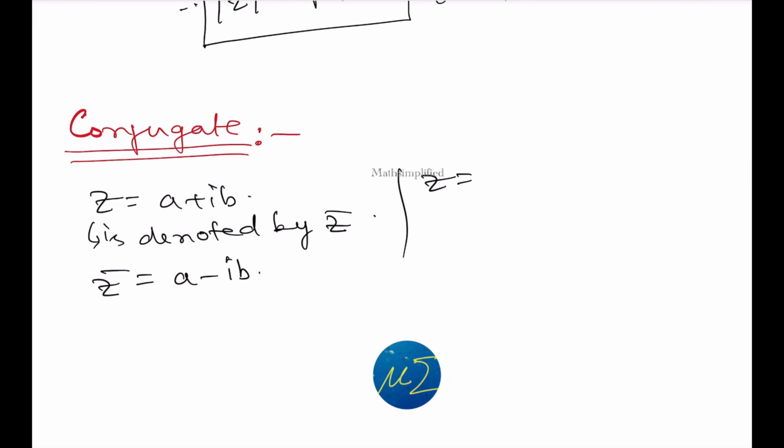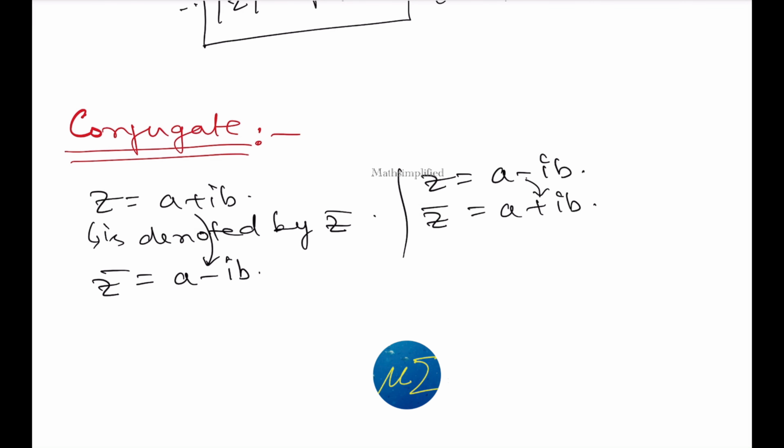If z equals a minus ib, then its conjugate will be z bar equals a plus ib. You see that in both cases the middle sign, this minus sign, is replaced with plus and this plus sign is replaced with minus. That is the basic difference between the complex number and its conjugate. Only the sign is changed when you write its conjugate value.